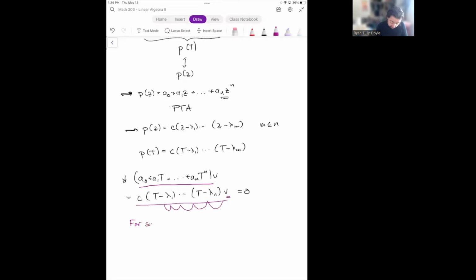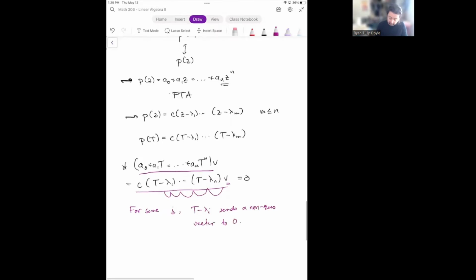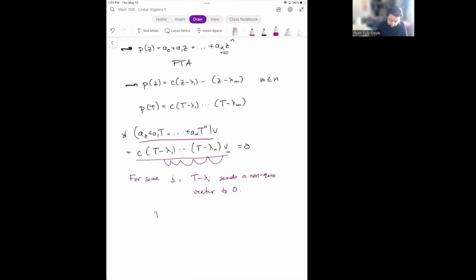For some i, T minus lambda i sends a non-zero vector to 0. And that means that T minus lambda i isn't injective, for some lambda i, and that means that T has at least one eigenvalue.